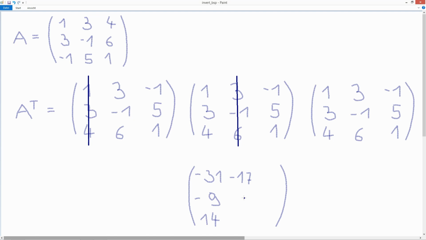For the second entry of the cross product, we have to ignore this here and calculate minus 1 times 4 minus 1 times 1 is minus 5. For the last entry of the cross product, we have to ignore this here and calculate 1 times 5 minus 3 times minus 1 is 8.